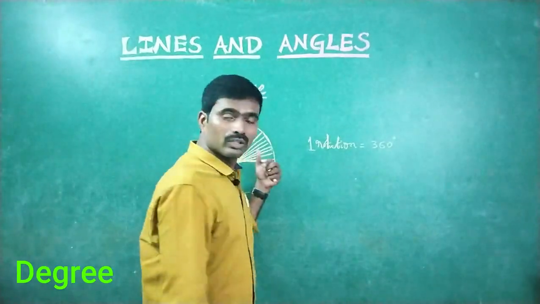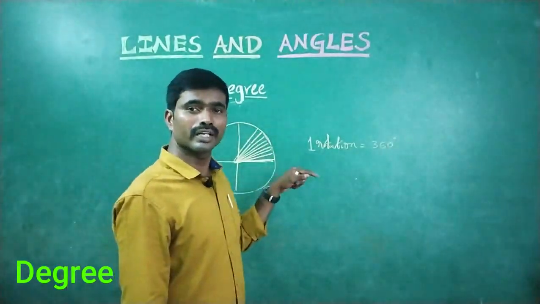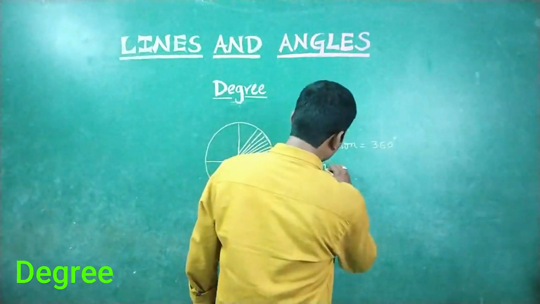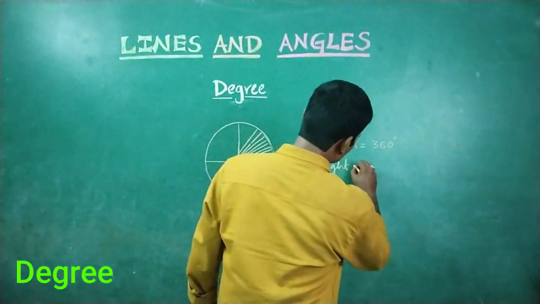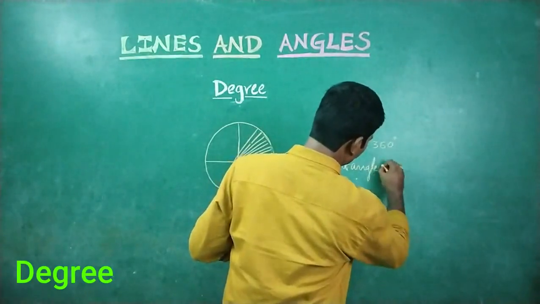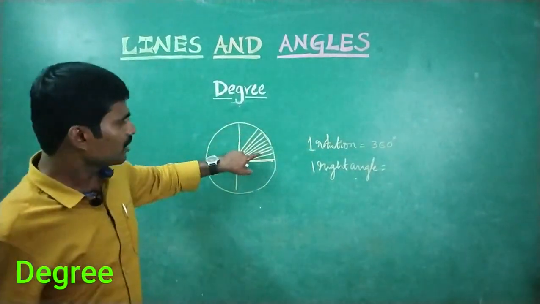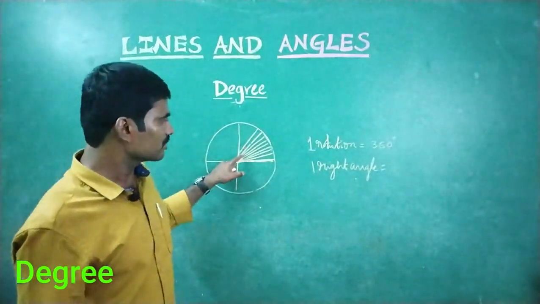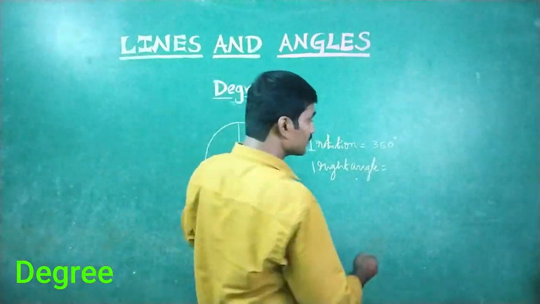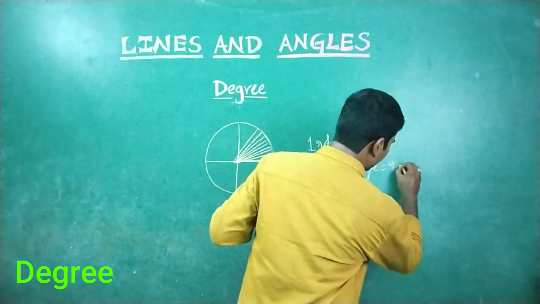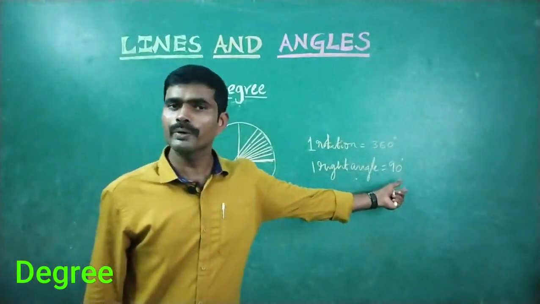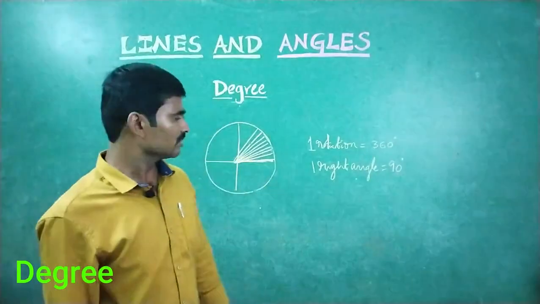So one quadrant means one right angle. One right angle has 90 parts, that means 90 degrees. So one right angle equals 90 degrees.